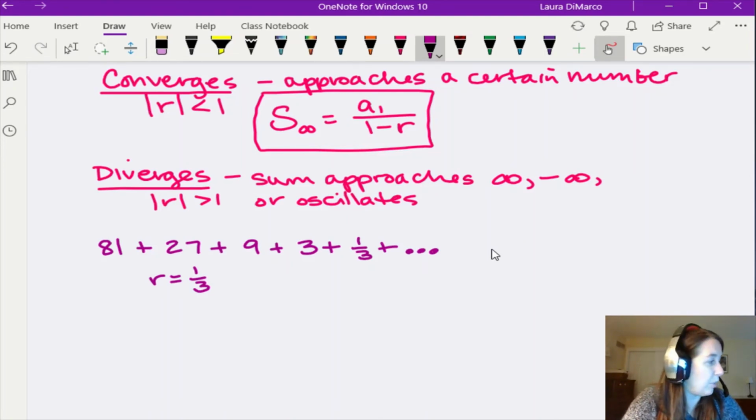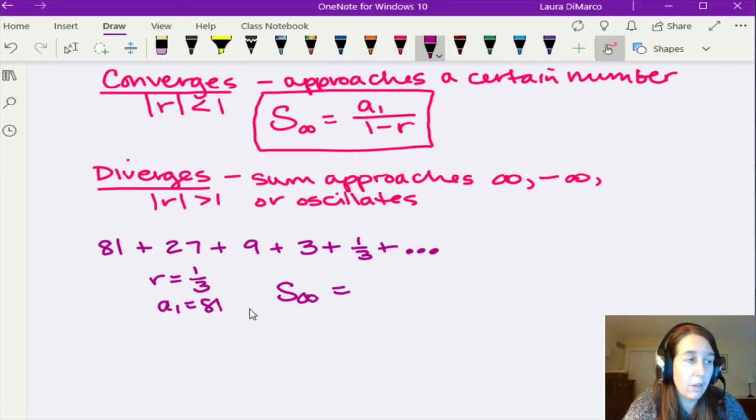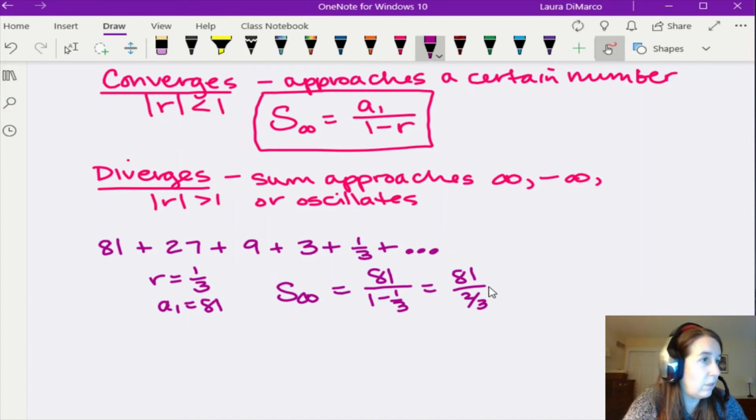And that number we can find is the sum: the first term, well, we know that a sub 1 is 81, so 81 divided by 1 minus r. So 1 minus 1/3. Okay, so 81 divided by 2/3 is equal to 121.5.